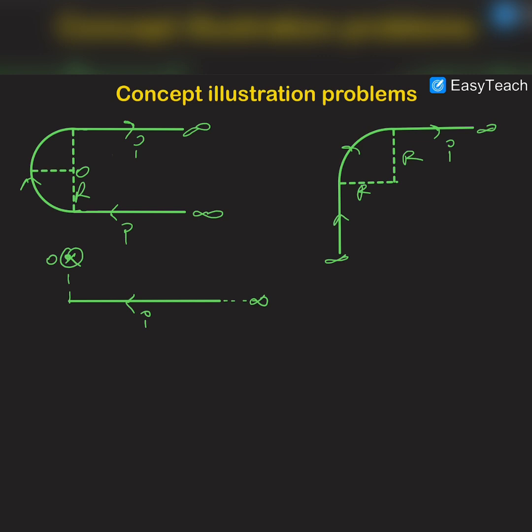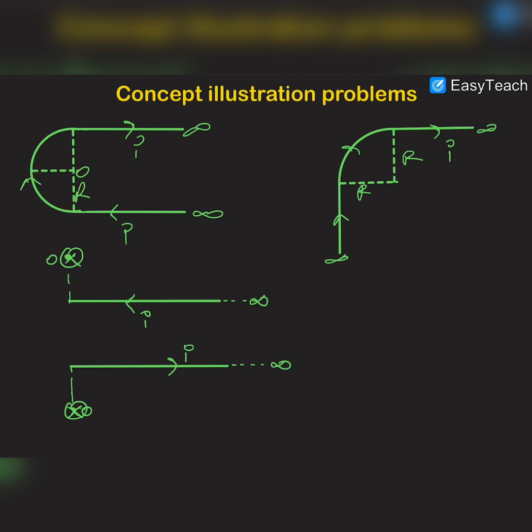of the magnetic field. Again, if I talk about the upper wire, this one, the upper wire is also carrying this current in the backward direction towards infinity, and point O is on the downside of the upper wire, so the magnetic field of this upper wire will be again inside the plane of the screen at point O. And obviously the magnetic field of this circular arc will also be inside the plane.